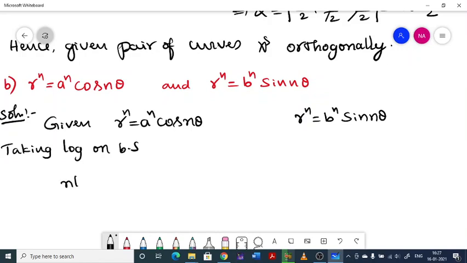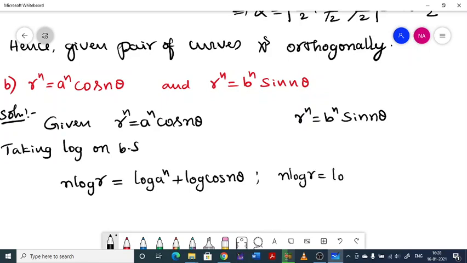You can write that as n log r equal to log a power n plus log cos n theta. See, I am directly writing using the properties of logarithm. Here n log r equal to log b power n plus log of sin n theta.